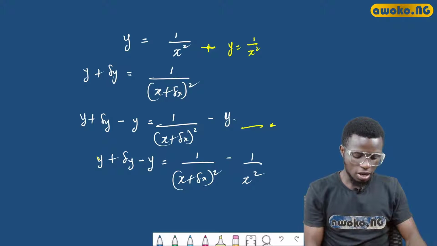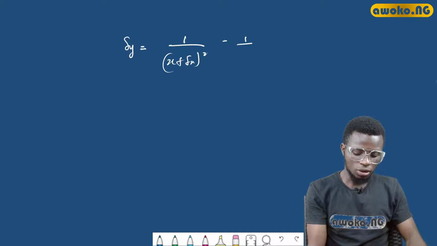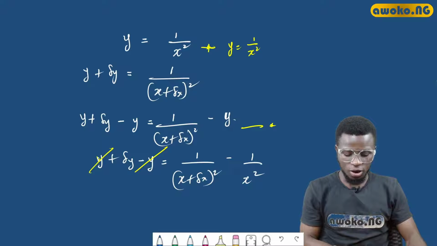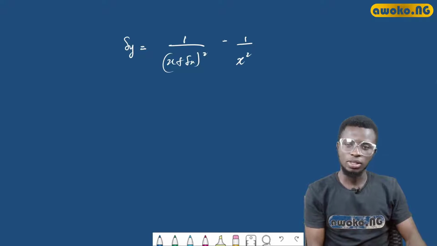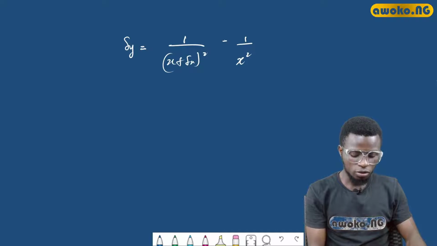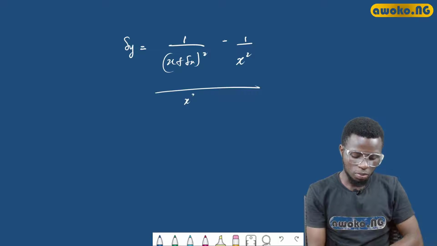Now remember that y can cancel out. This cancels out. We have dy is equal to 1 over (x plus dx) all squared minus 1 over x squared. Let me confirm if it is actually correct. Alright. Now the next thing to do is to take the LCM. If I take the lowest common multiple of both sides, I have this to be x squared times (x plus dx) all squared.